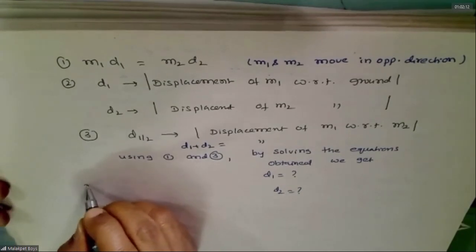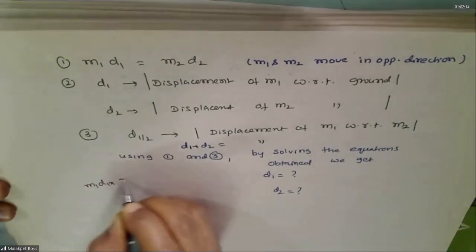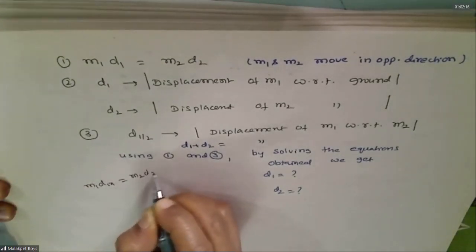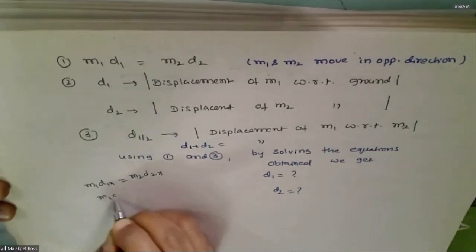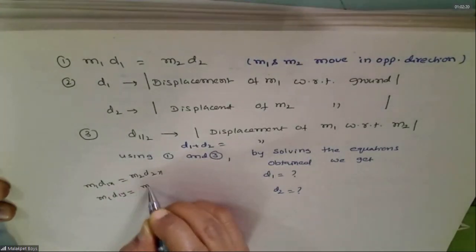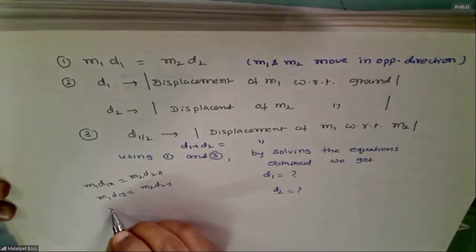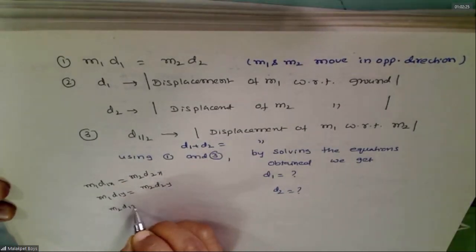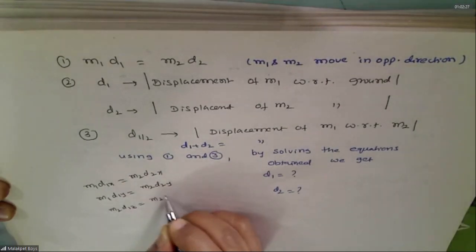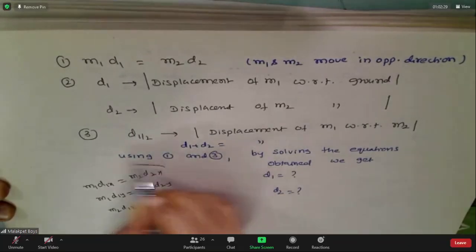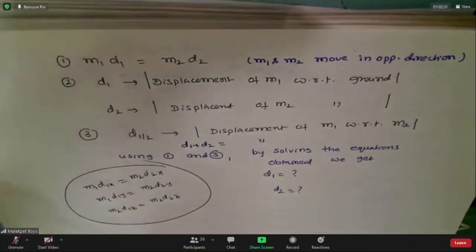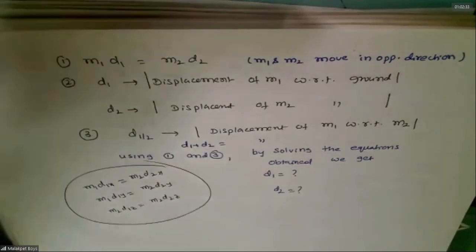See, if it is along the x-axis, you'll use this. If it is along the y-axis, you'll use this. If it is along the z-axis, you'll use this. The direction you should take, that's all. Clear? Yes, sir.